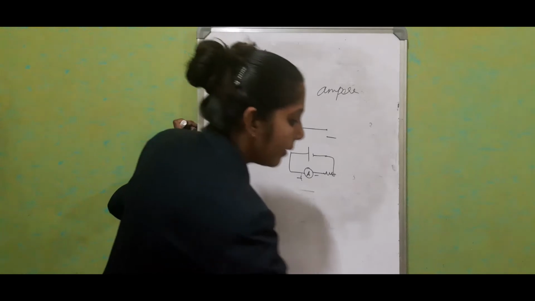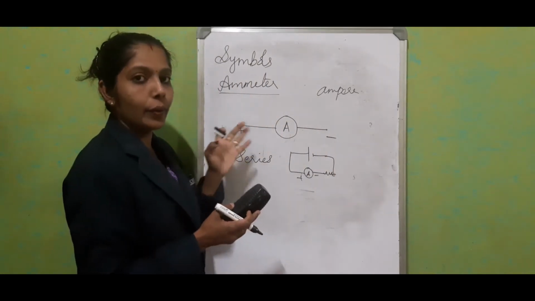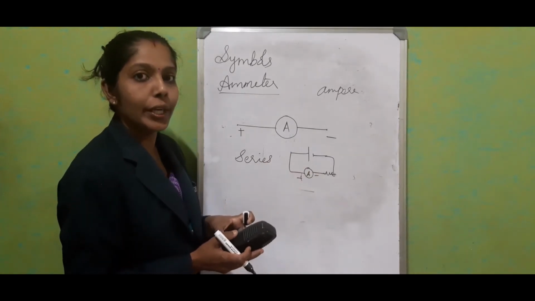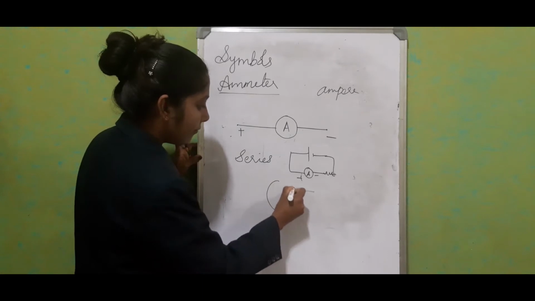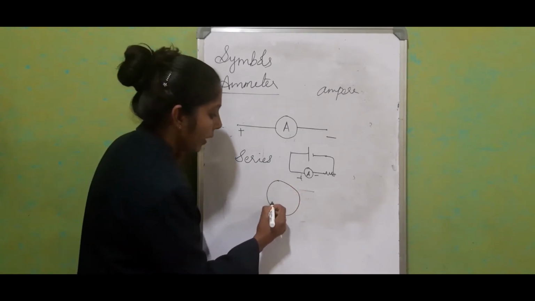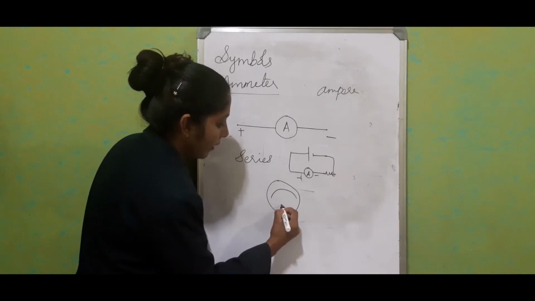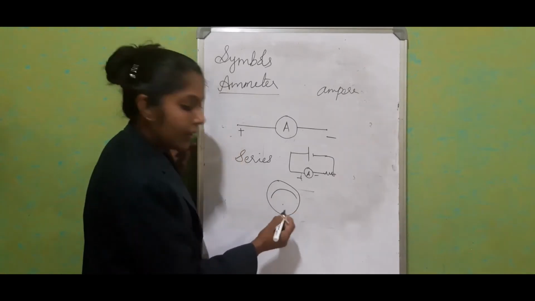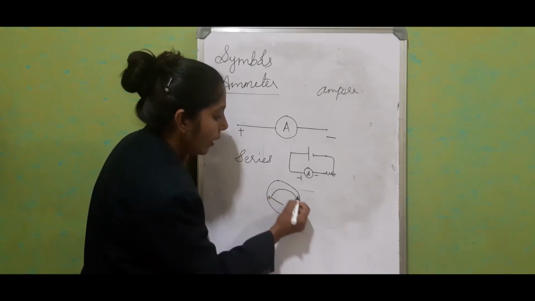The ammeter shows a deflection according to how much current is passing through the circuit. You will get a circle like this, with one rotating needle. If no current is passing through the circuit, it starts from 0 till some value.